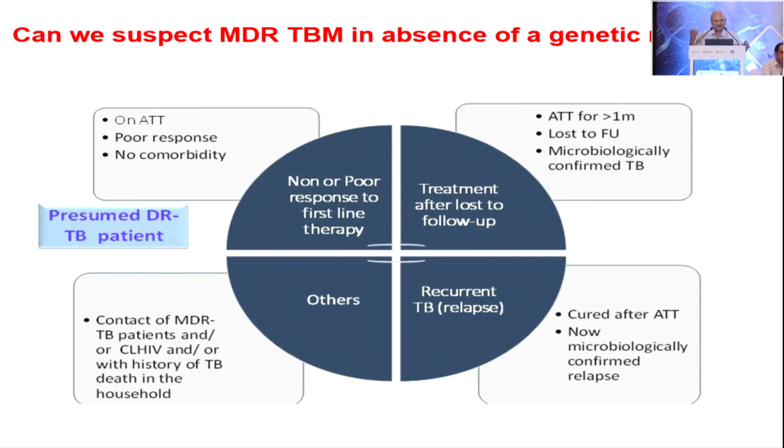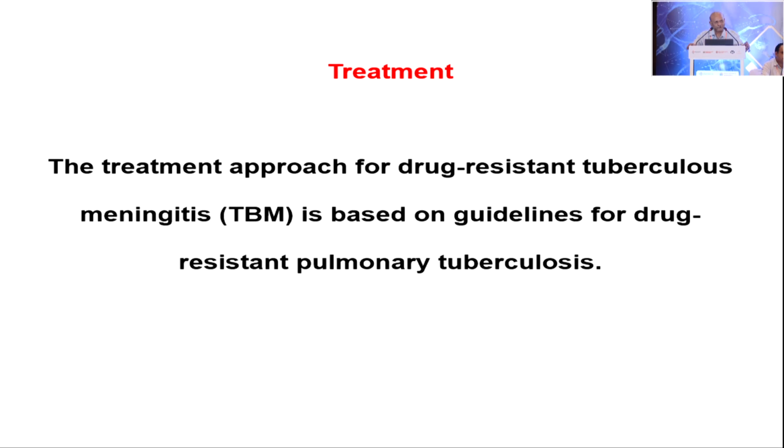You can only suspect it: frequent treatment, frequent relapses, patients leaving treatment, poor compliance, all these make patients susceptible to drug resistant pulmonary tuberculosis as well as drug resistant TBM. But the diagnosis is made either phenotypically by conventional method of culture or genotypically.